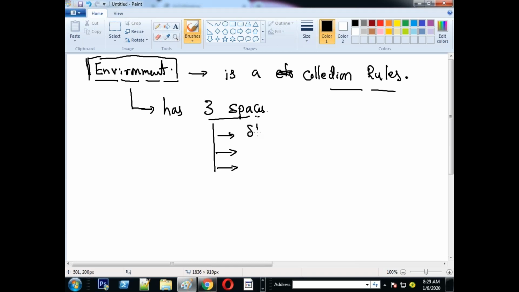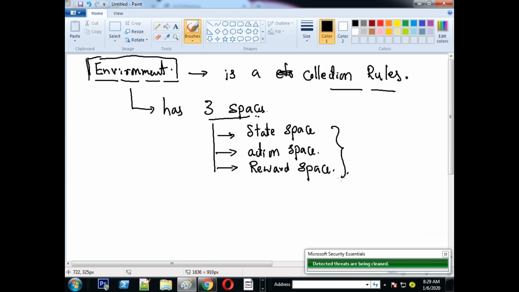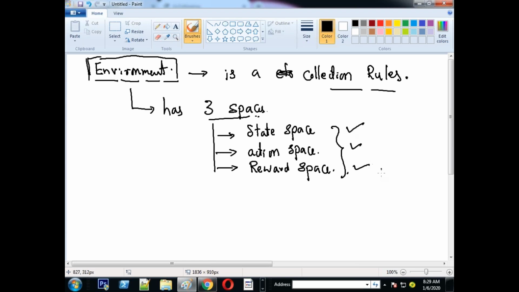State space, action space, reward space. These are the things. So, what is each? You will understand.